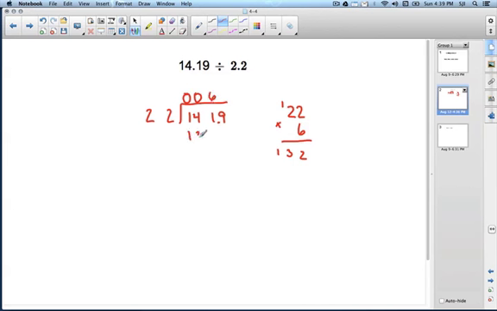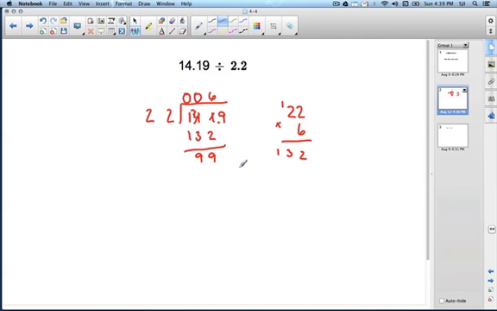And I'm going to write the 132 underneath it. And now we're going to subtract. And now we have to figure out how many times does 22 go into 99.